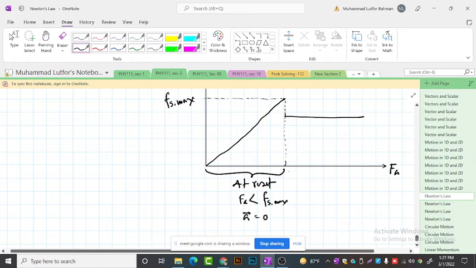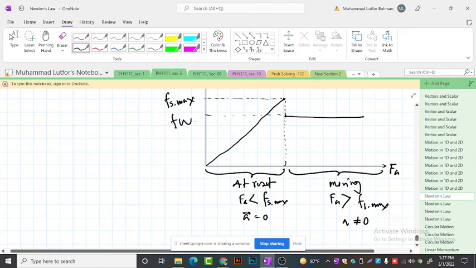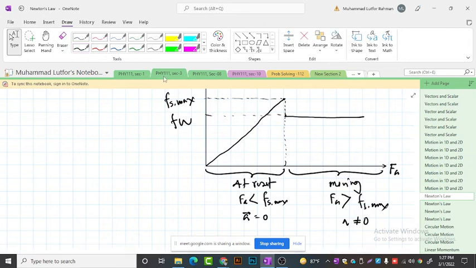But the second case is the moving state, where my applied force is greater than Fs max, and the acceleration is not equal to 0, unless it moves at a constant velocity, right? And this would be Fk, the kinetic frictional force. That's how we can categorize between static frictional force and kinetic frictional force.